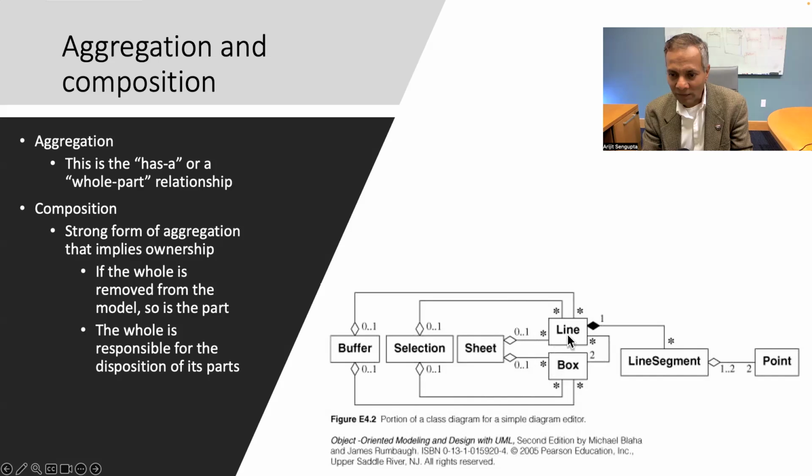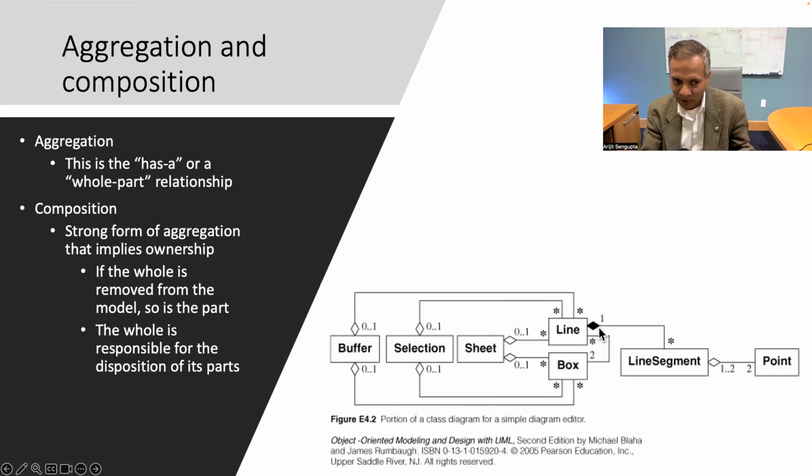Now, if you look at it, a line has a set of line segments, okay? And these line segments are part of the line. So here is how this works: if you have a line that has composition with a line segment, what you would do is if you were to remove that line, that is going to take away all of the line segments that are contained in that line.